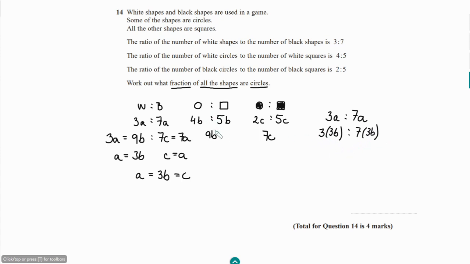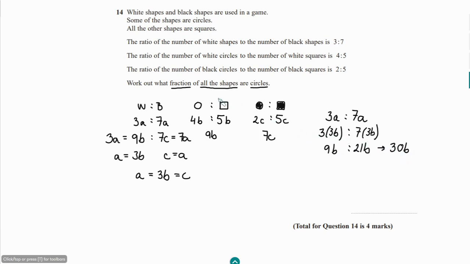So we have 9b to 21b, which we can work with later if we need to. So 9 plus 21 is altogether 30b, some sort of 30 parts.